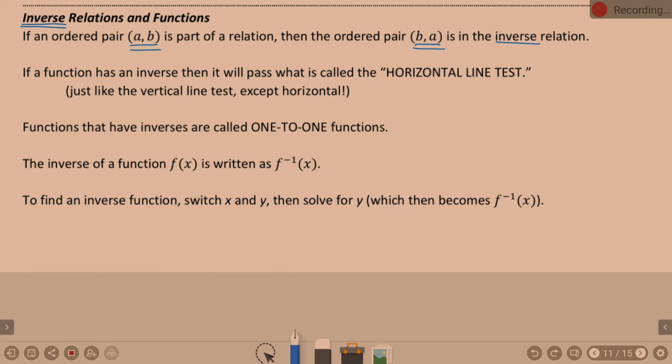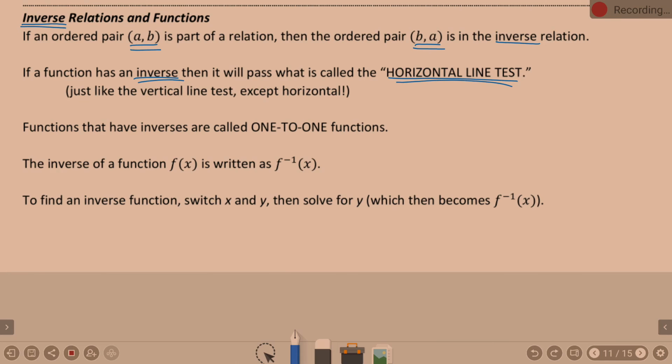So remember, in an inverse, your x value and your y value can flip-flop. And so that's where it talks about (a, b) in an inverse is (b, a). So those can flip-flop. If a function has an inverse, then it will pass the horizontal line test.